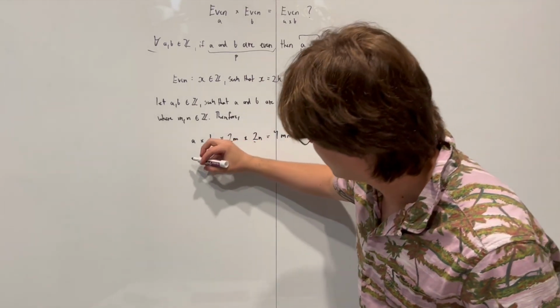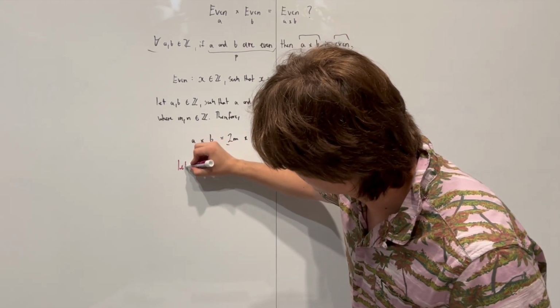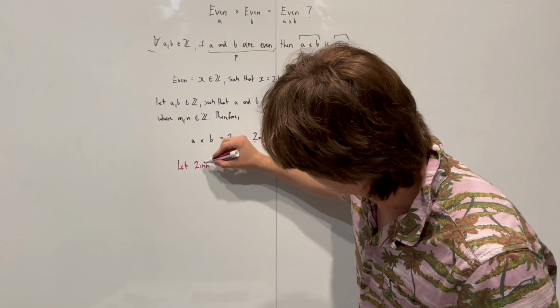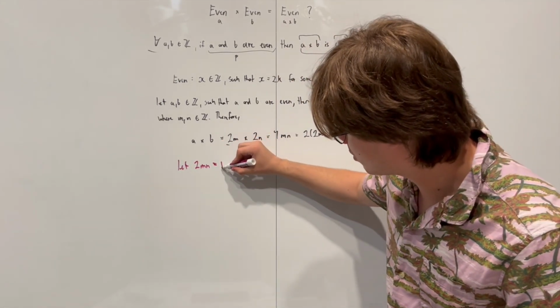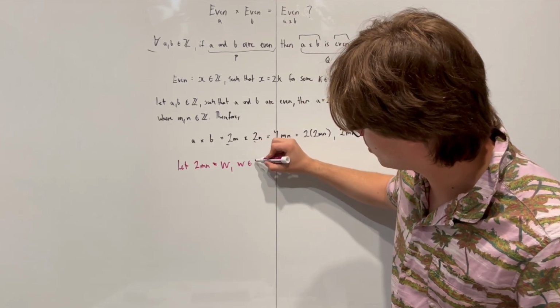We can say, let 2mn equal, let's call this w. W will be an integer.